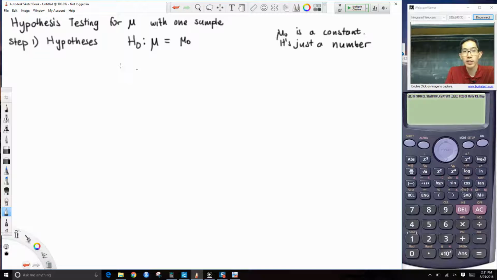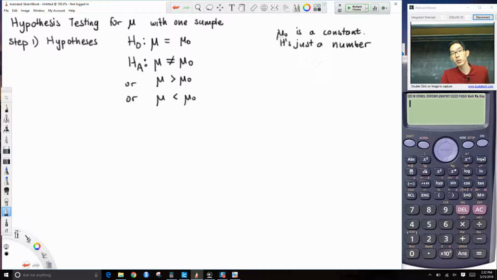Okay, and then the alternative is identical to the null hypothesis, except the equal sign is replaced with something else. So we have mu not equal to mu 0, or mu is greater than mu 0, or mu is less than mu 0. Again, mu 0 is just some constant.